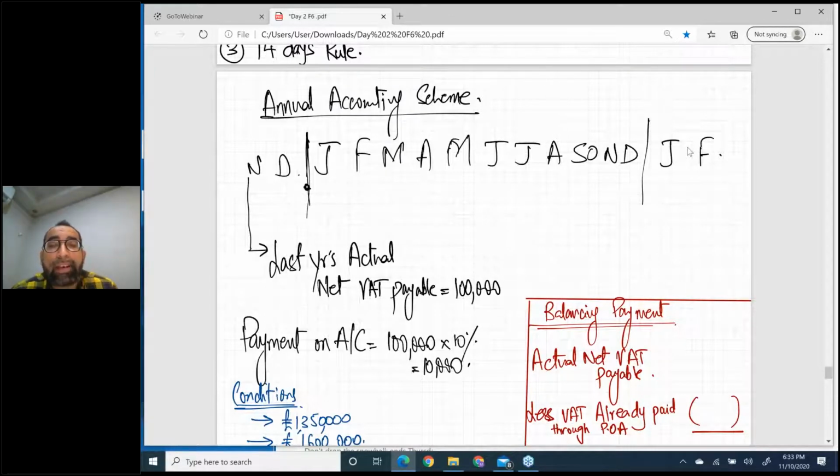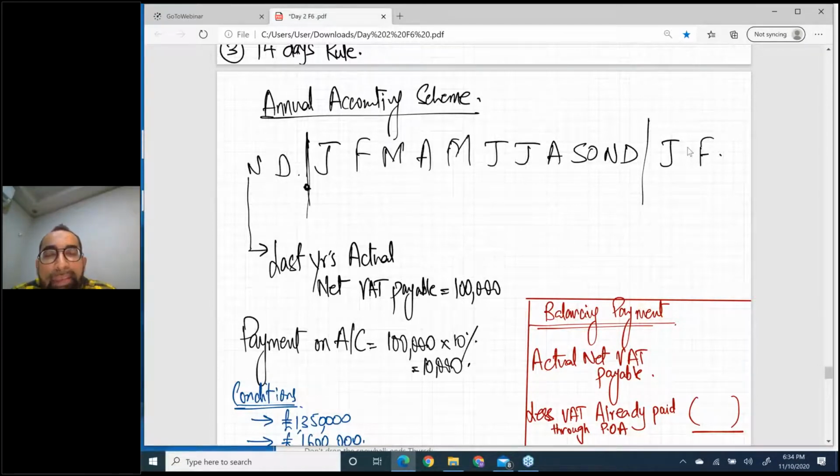Now first clear one misperception. People think annual means there is only one tax payment. No, no. Annual does not mean one tax payment. Annual means only one tax return.